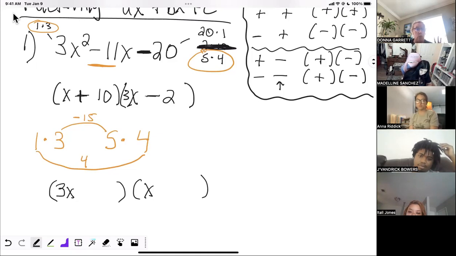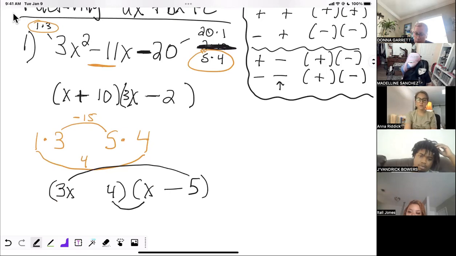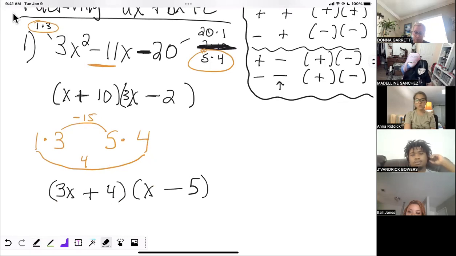The 3 and 5 have to go together, which means the 5 has to go here. So when I multiply them, it becomes 15x, which means the 4 has to go here because that's going to make my 4x. I need to make one of them positive. Which one's negative? Well, I need a -11. My -15, I have to have -15. So my negative has to go here and my positive has to go here. And that is my answer.